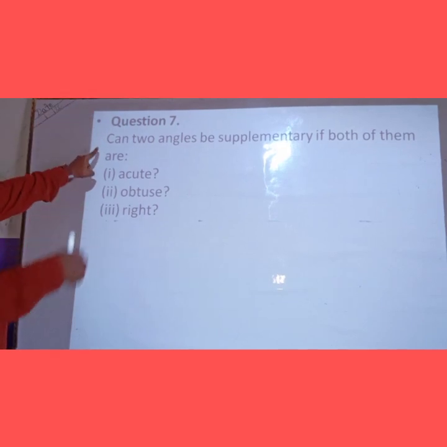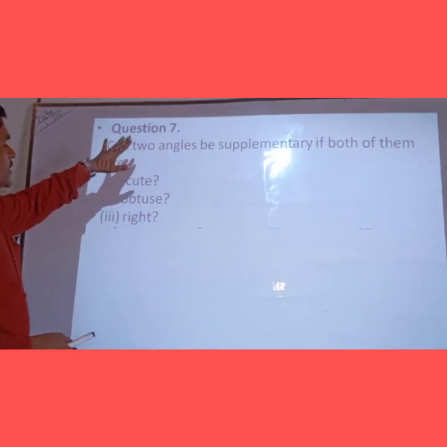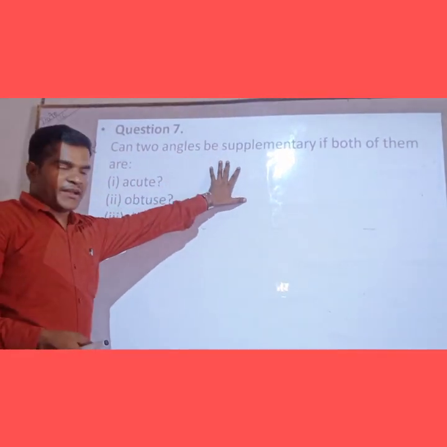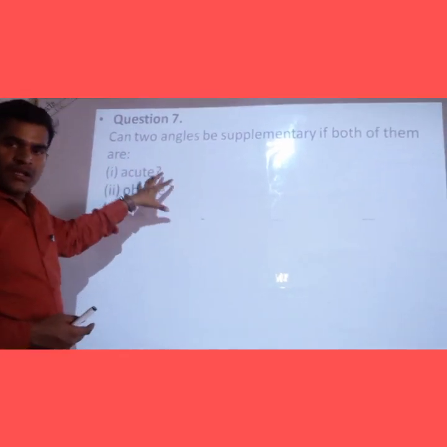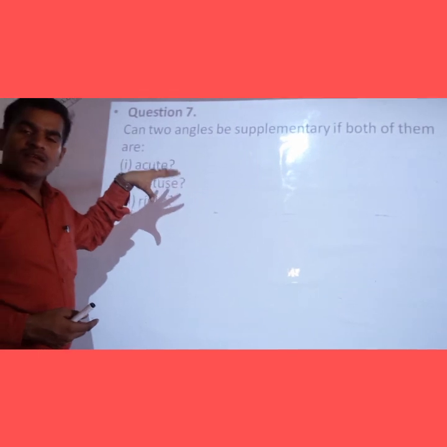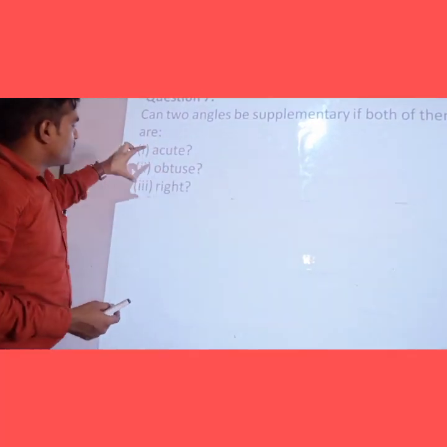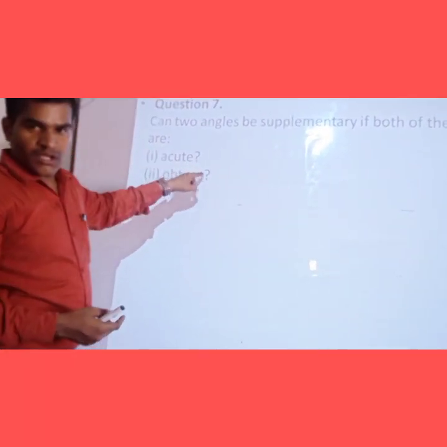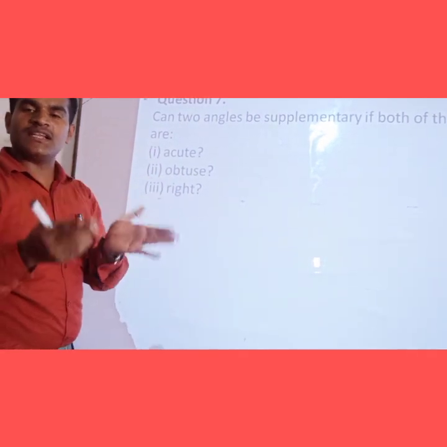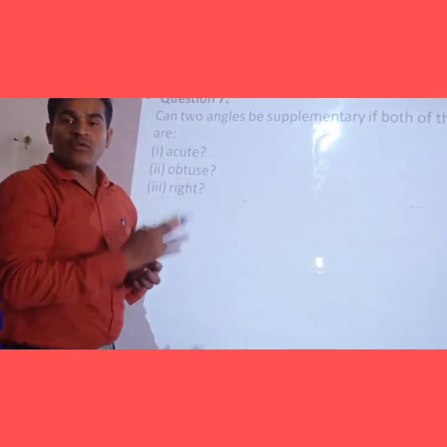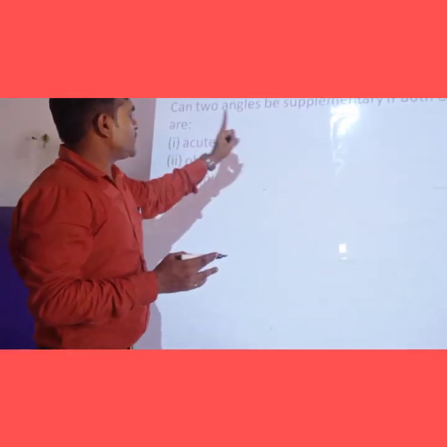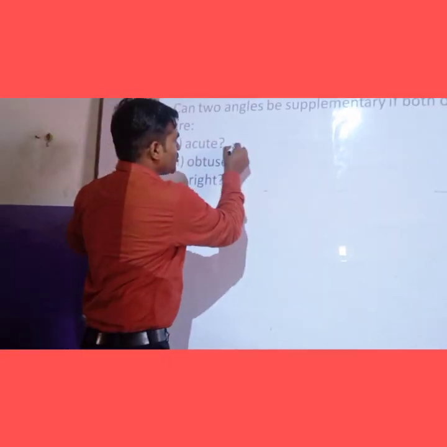Now, question number 7 is given there. Can two angles be supplementary if both of them are acute, or obtuse, or right angles? So children, when both of them are acute, it means both angles are less than 90 degrees. So the sum of those angles is always less than 180 degrees. So that will not be supplementary. So what will you write there?